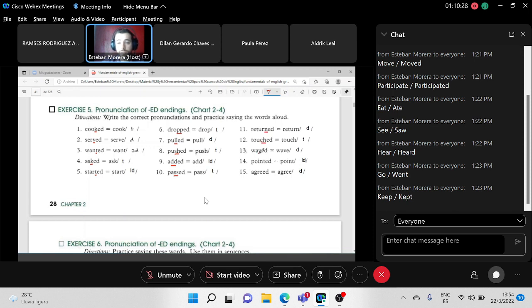Final sound, letter V. Final sound, letter T. And final sound, letter E. So we say cooked, served, wanted, asked, started, dropped, pulled, pushed, added, passed, returned, touched, waved, pointed, agreed.